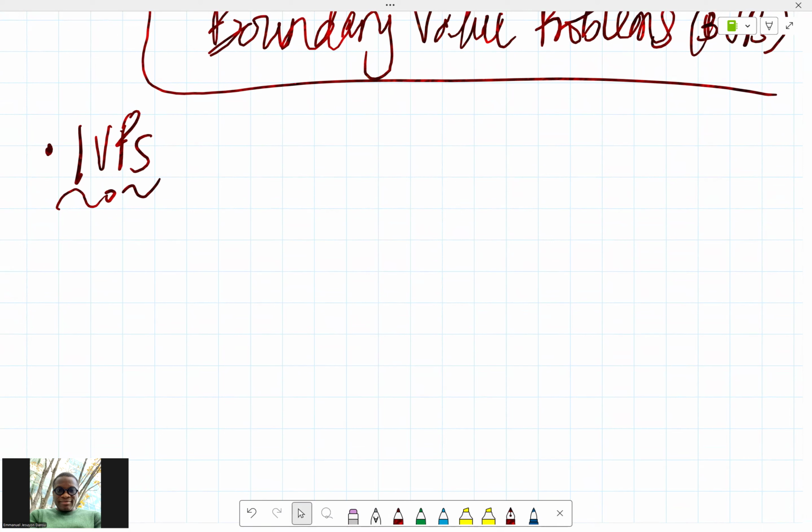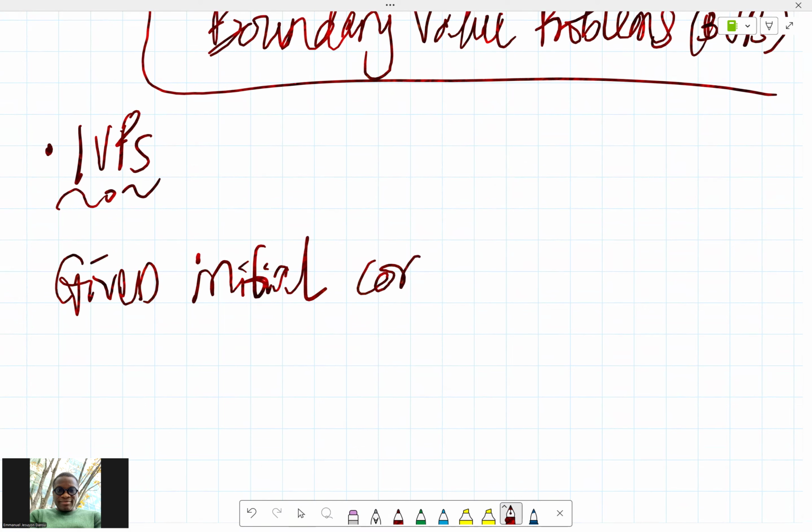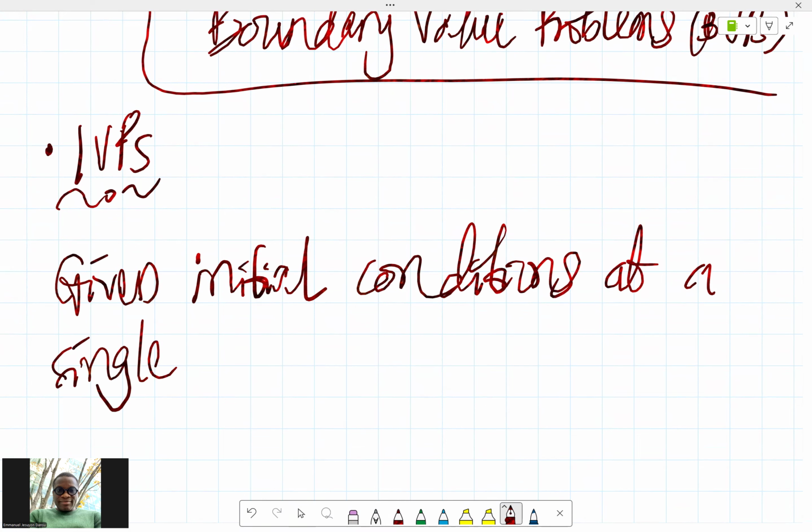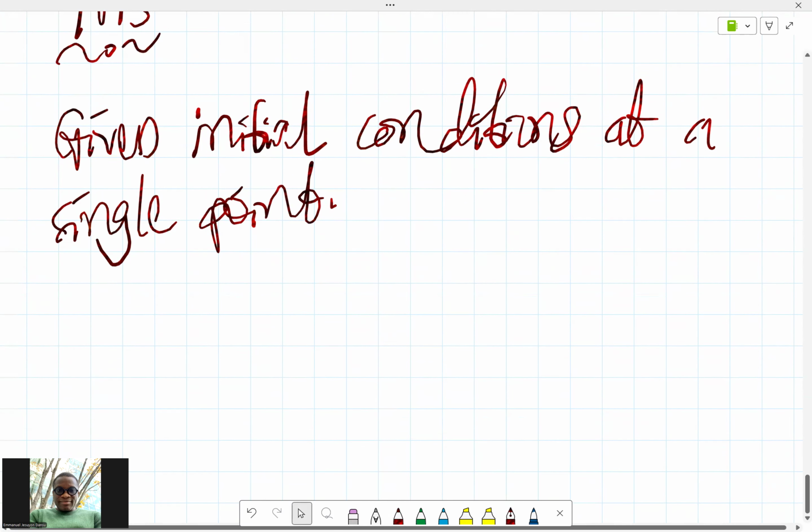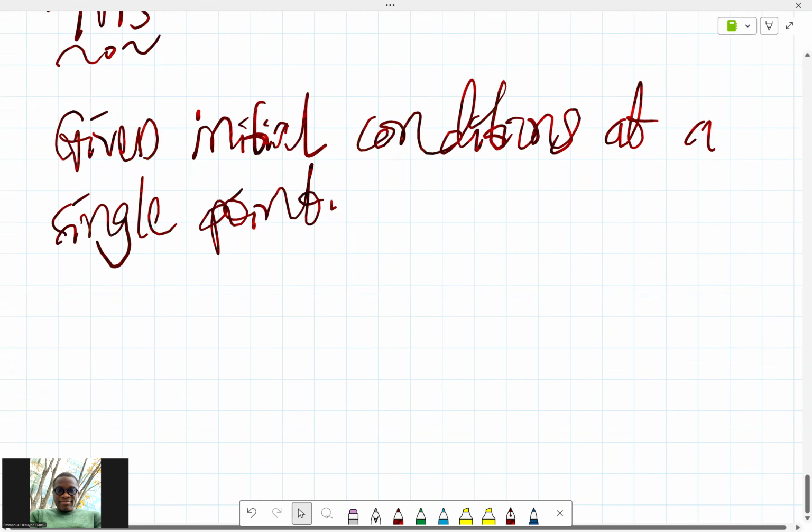Talking about initial value problems, you are given initial conditions at a single point. So when you have initial conditions at a single point, you have initial value problems.